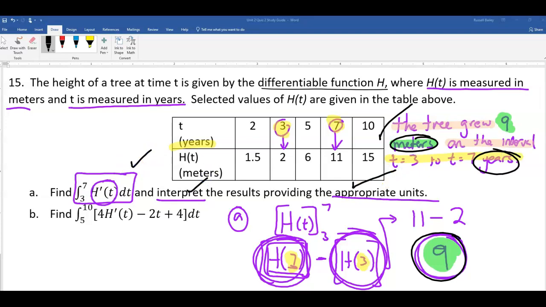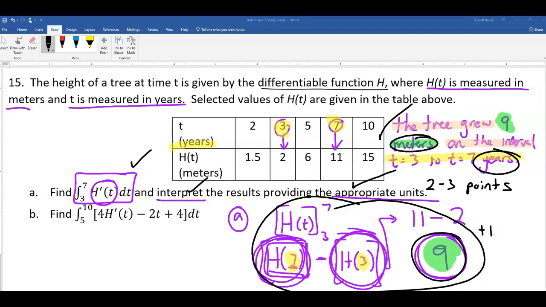This question will be worth about 2 to 3 points. Okay, you would get 1 point for doing the integration process with your work shown appropriately, and the interpretation is going to be worth either 1 or 2 points. Like the sentence itself, if it makes sense and is written correctly, is 1 point.